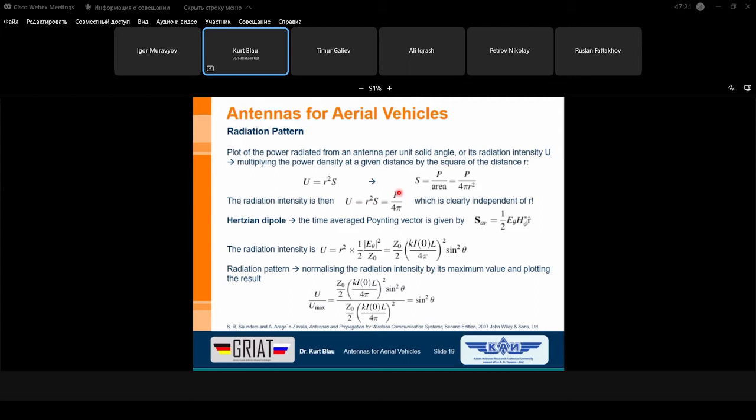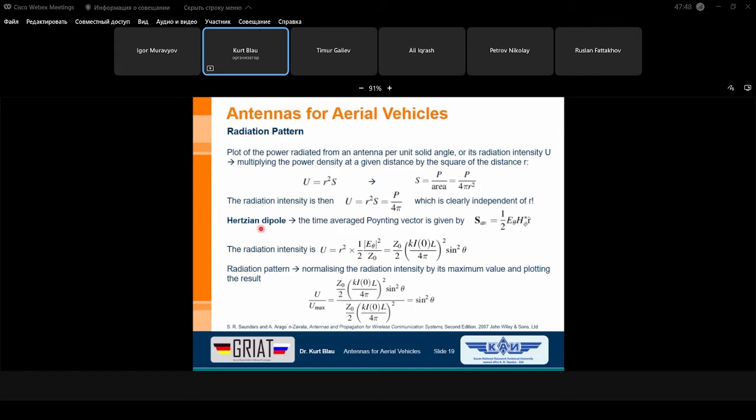This is better than saying delivered, because we will see later there could be a little difference because of efficiency and so on. So this is the power going out from the antenna divided by 4π. This quotient is the radiation intensity. Now you can say, I can do nothing with this expression. What is this good for, or how does it help us?